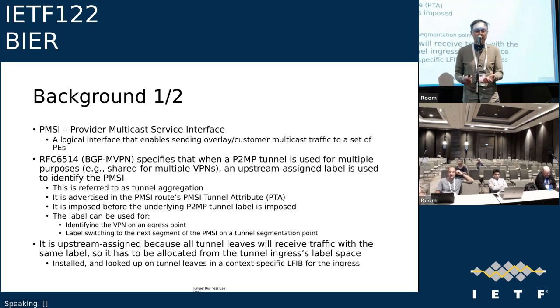So it's called an upstream assigned label, and that label is installed in a label forwarding table that is specific to that ingress, so we call it a context-specific LFIB here. That's the upstream assigned label usage in MVPN.